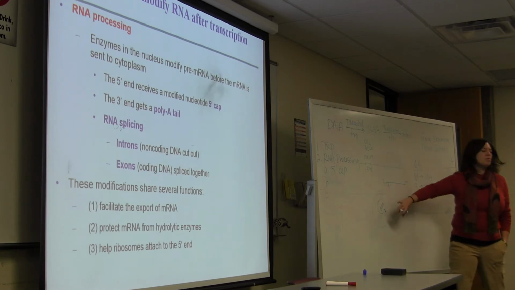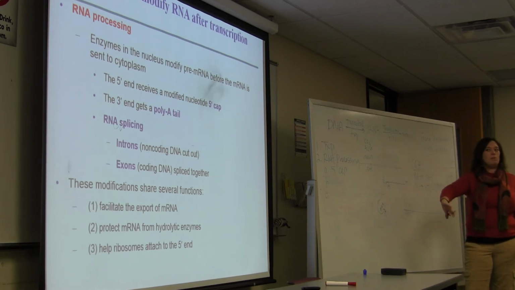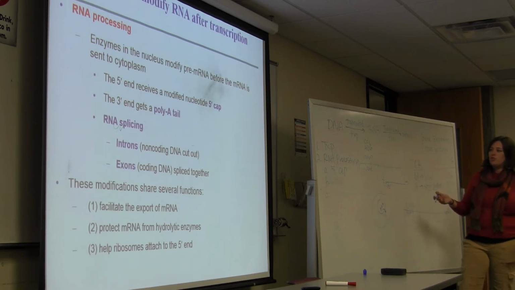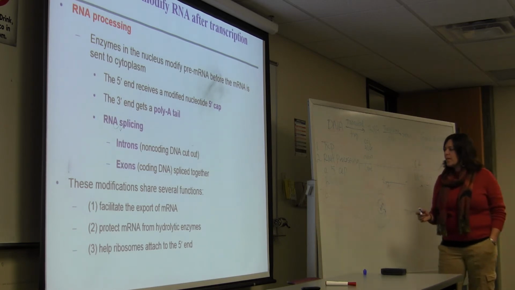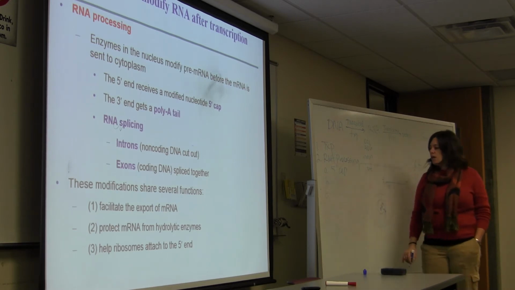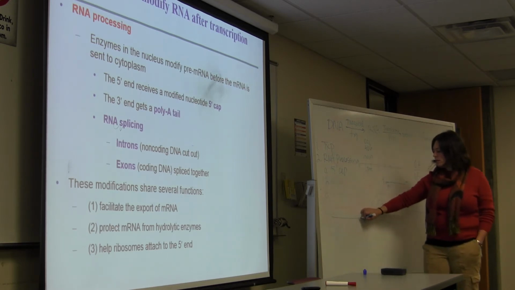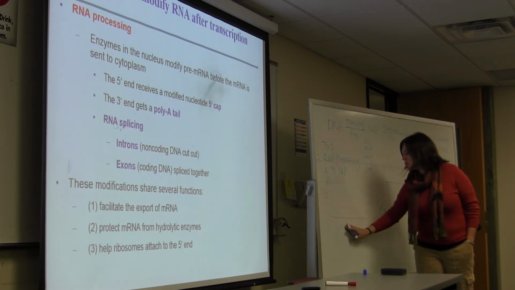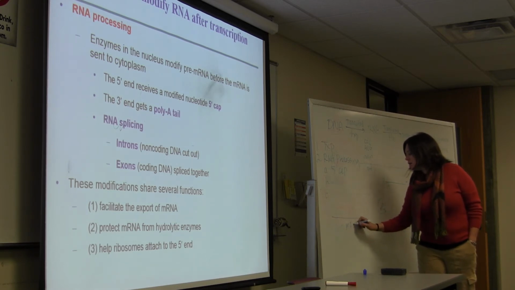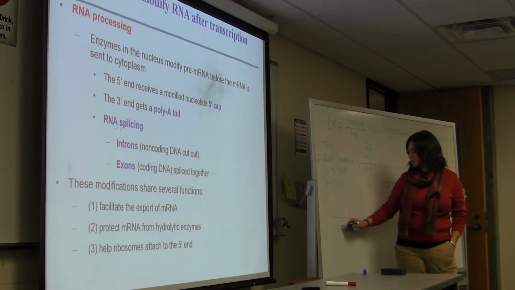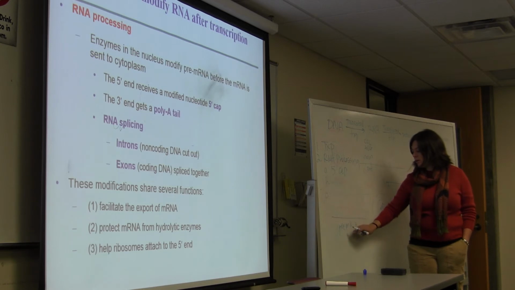Anyways, we have to protect this RNA once we've spent all this time and energy making it. And we're going to do that in 2 ways. We're going to add a cap to the 5' end. So you have to imagine at this point, this is the pre-mRNA, the unprocessed RNA molecule, termed pre-mRNA. Or pre-RNA, I think, technically.